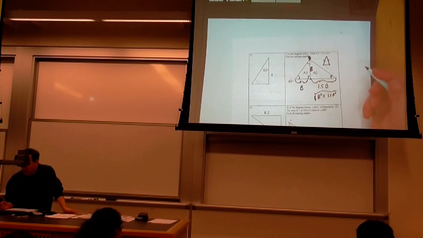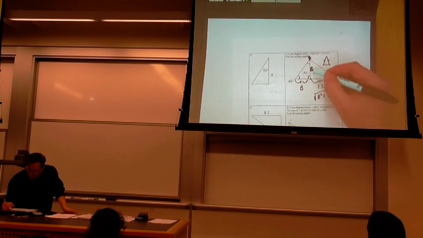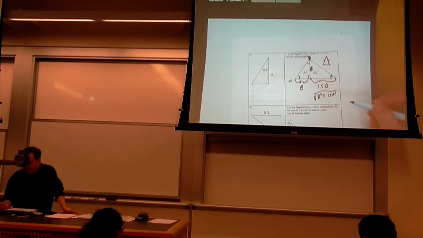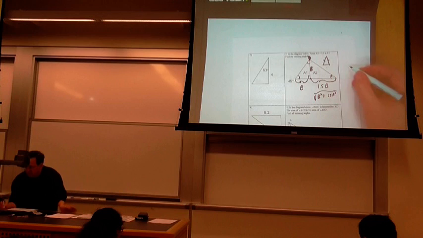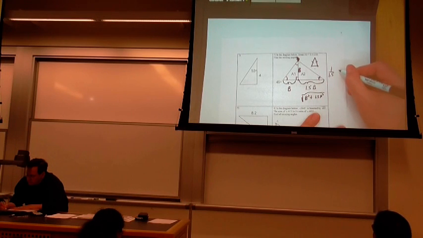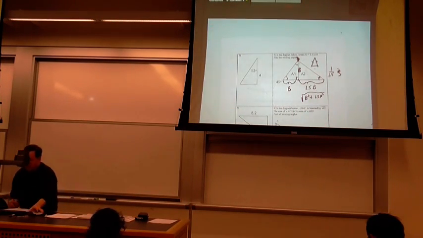Tangent, right. The opposite over the adjacent is the tangent. So what's the opposite over the adjacent? It's 1 over 1.5, or 2/3, right? That's the tangent.